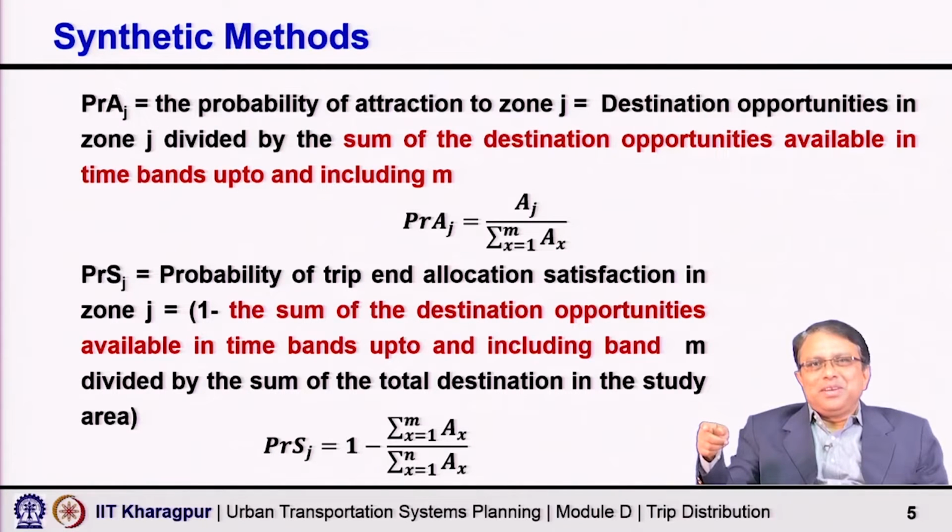Okay? 1 minus that is basically the probability of trip end allocation satisfaction in zone J. That is what I explained: 1 minus the sum of destination opportunities available in the time band up to and including band M. That means the total up to station catchment 5, divided by the sum of the total destinations in the study area.